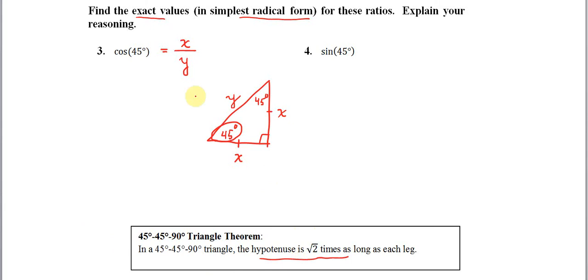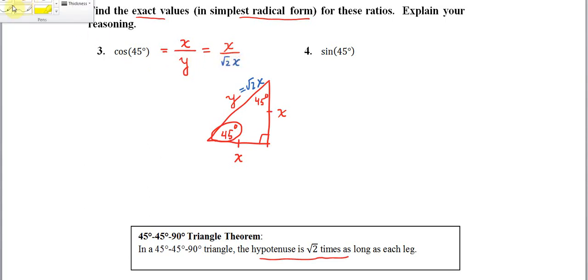The hypotenuse is square root of 2 times each leg. So that tells us that the hypotenuse, y, is equal to the square root of 2 times the leg, which is x. So now we can expand this fraction. We have x in the numerator, and instead of y, we get square root of 2 times x.